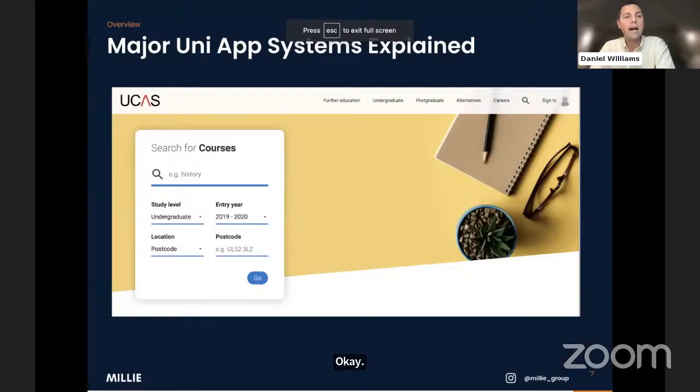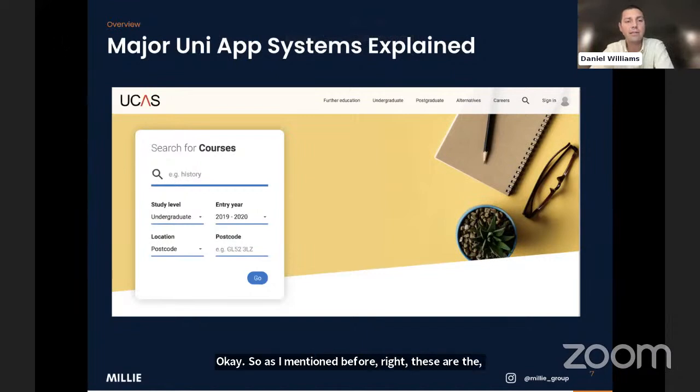Okay, so as I mentioned before, this is the UCAS portal, which you can find online. And this is very helpful because if you're looking to see what universities offer the courses that you're interested in, you can go ahead and search using this portal. So if you want to study law, for example, you would type in law in the search bar.